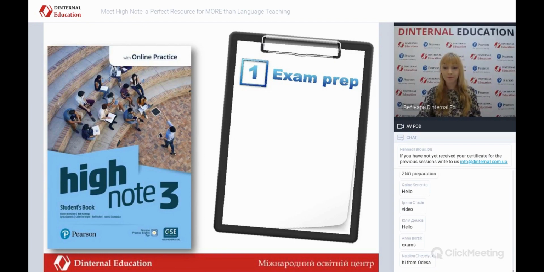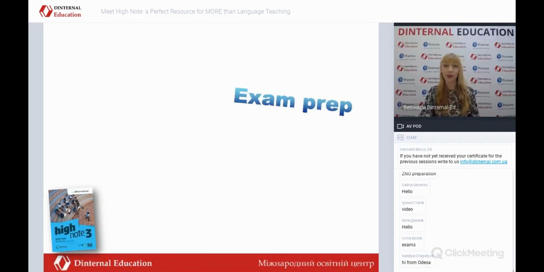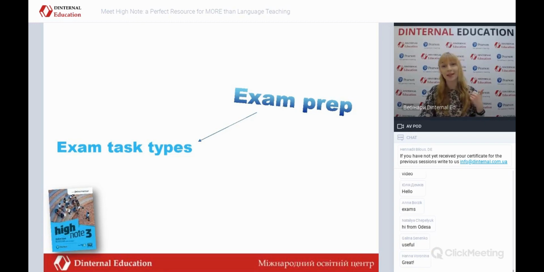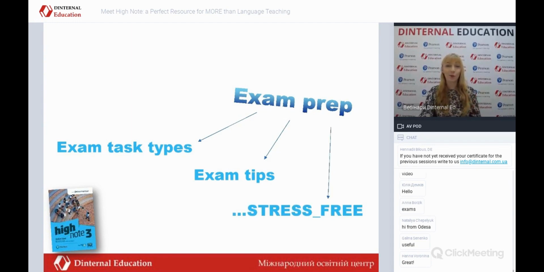Even more so, exam preparation here, as usual, consists of everything you need. So you will see some exam task types in every lesson, almost in every skills lesson, definitely. You will see exam tips and strategies. And at the same time, what I like the most is that this exam prep is absolutely stress-free.